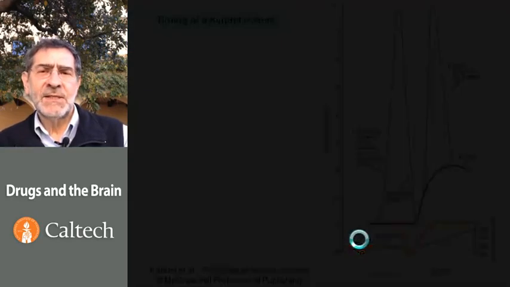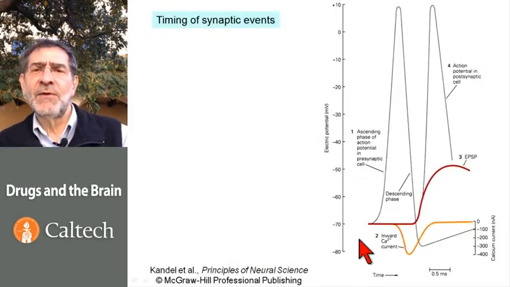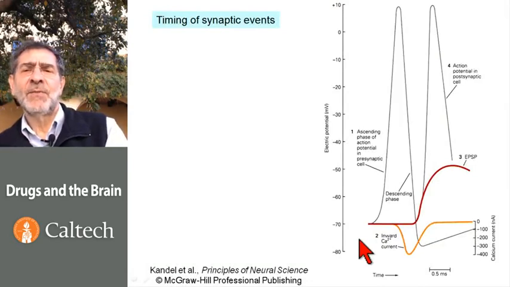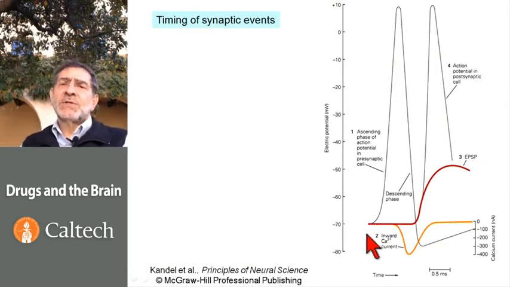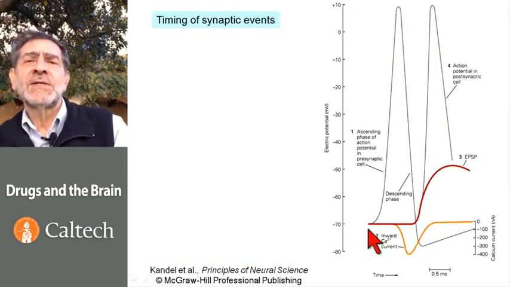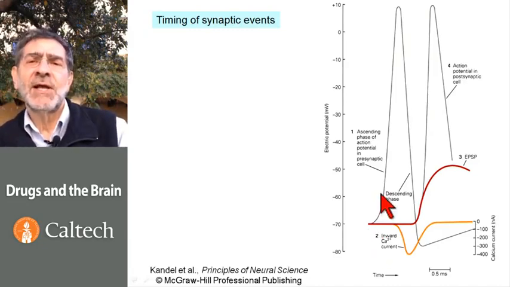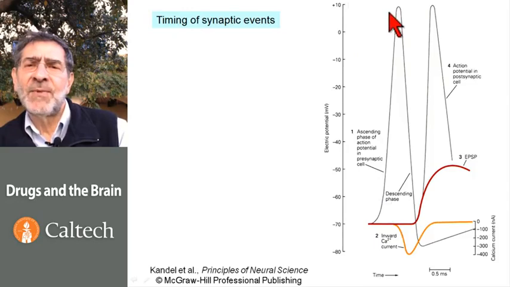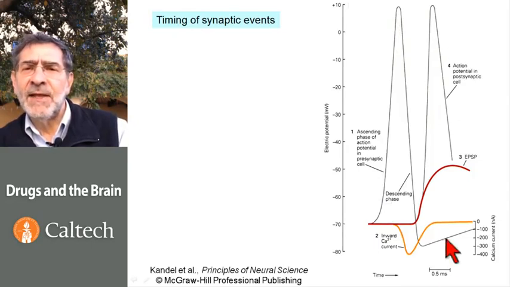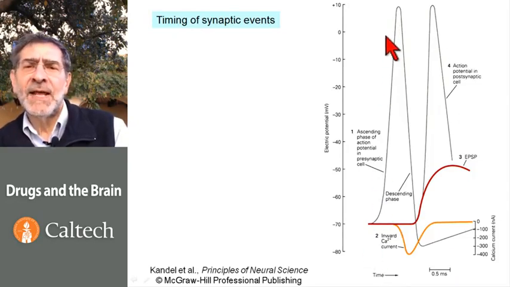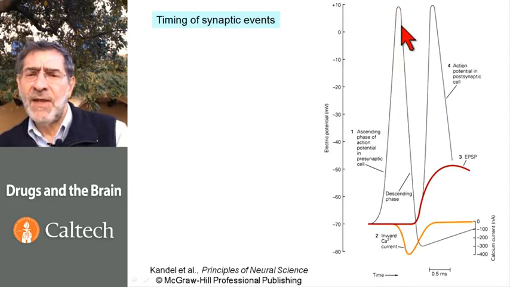In favorable cases, we can actually record simultaneously from the presynaptic and postsynaptic neurons, for instance, in the squid giant synapse. And so here is a presynaptic and postsynaptic recording, rather stylized. We have the usual action potential, and then the after hyperpolarization, and then the postsynaptic recording.